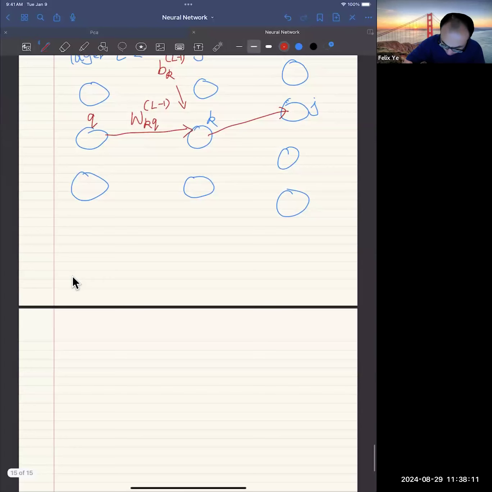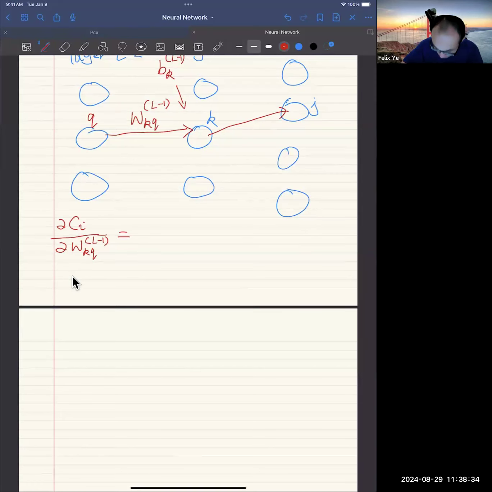So this is partial C_I, partial W_KQ^(L-1). What we do is take advantage of the chain rule one more time.